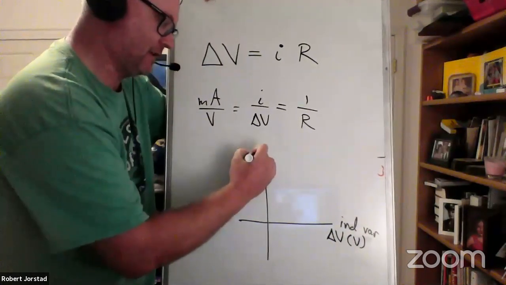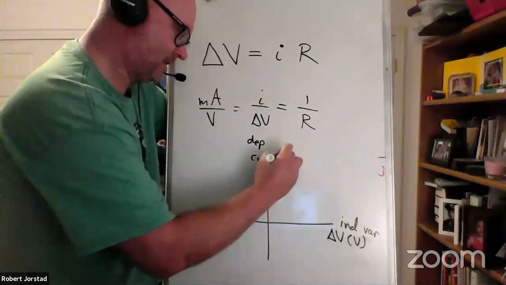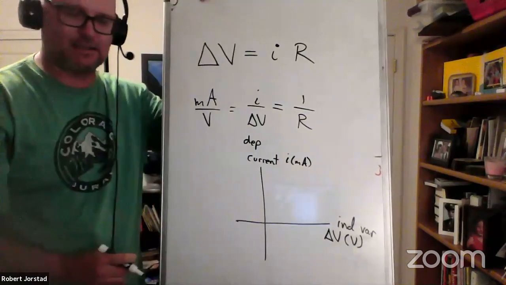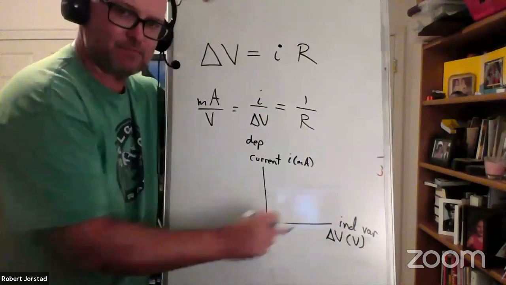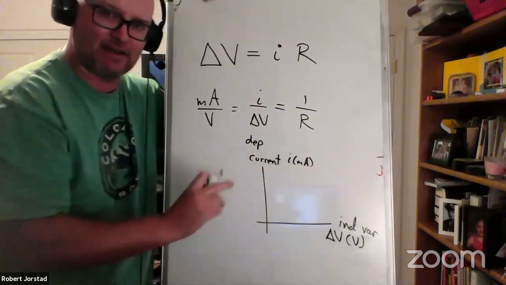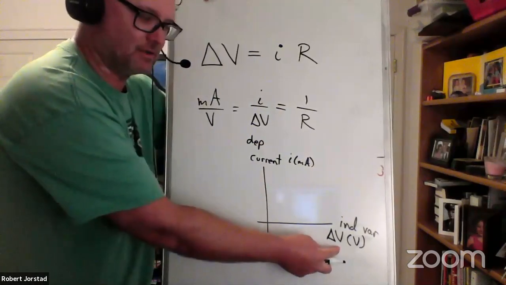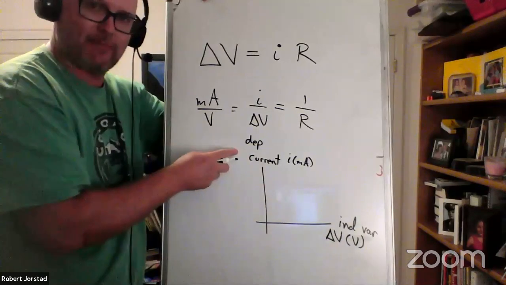Then we measure the dependent variable, the current. You change your power supply voltage to different levels, basically like putting different batteries inside a circuit, a 1.5 versus a 2.5, et cetera. That's what we're going to do tomorrow. We're going to sweep the voltage and see what happens to the current.